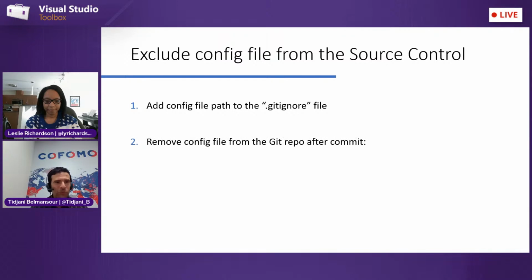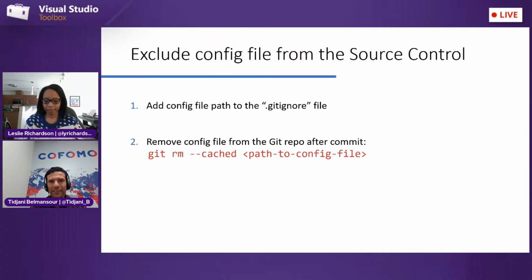And you have to do one extra step, which is removing your configuration file from your Git repo. Okay, and how do you do it? By running this command, git rm --cached, and you specify the path to your configuration file. Why do you need to do this? Simply adding the path of your configuration file into the .gitignore file is not enough.